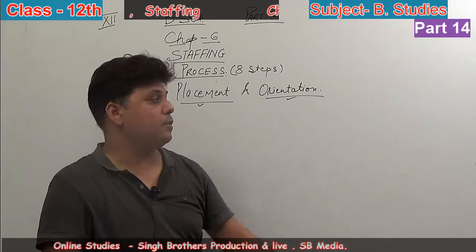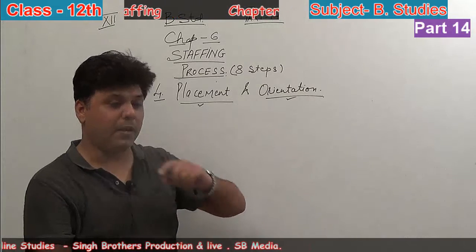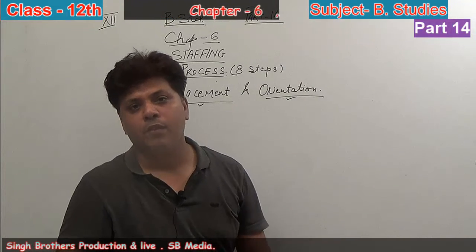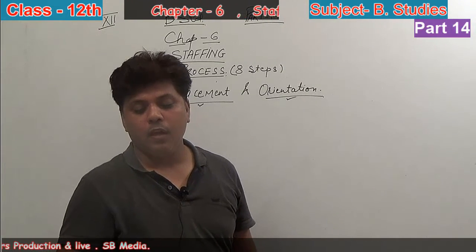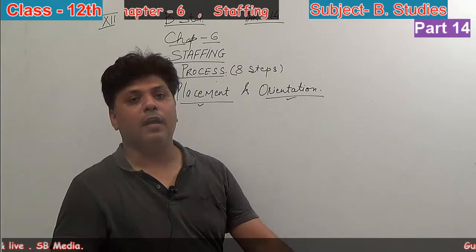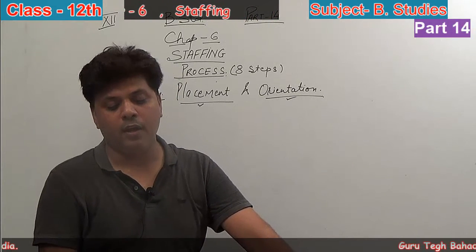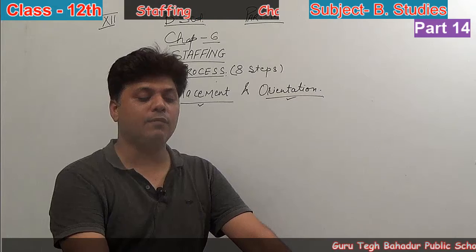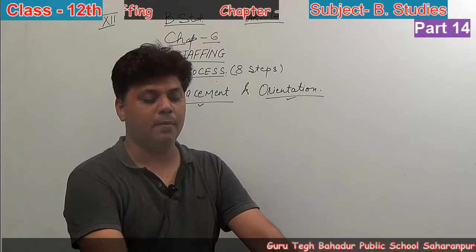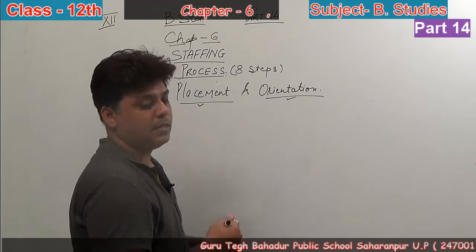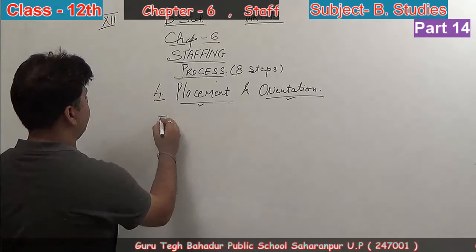Now the next meaning, orientation. That means familiarizing our employee with the other employees working at the same level, so that their coordination will be maintained from the very first day. The fifth step is training and development.